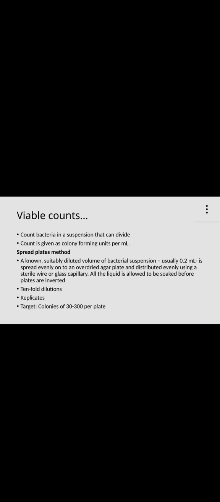The agar plate is then inverted and incubated.